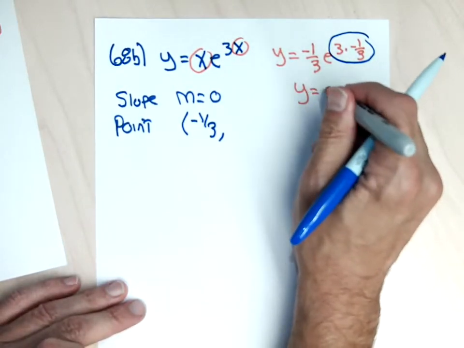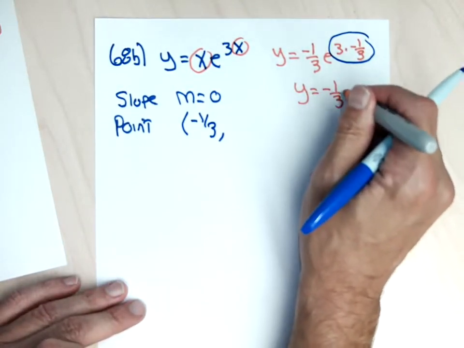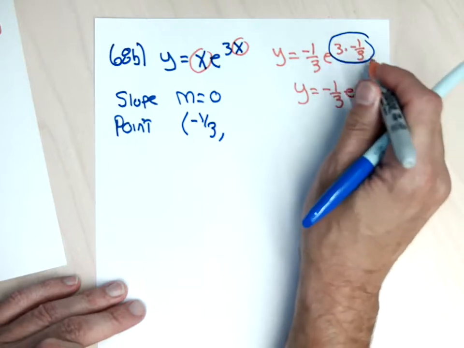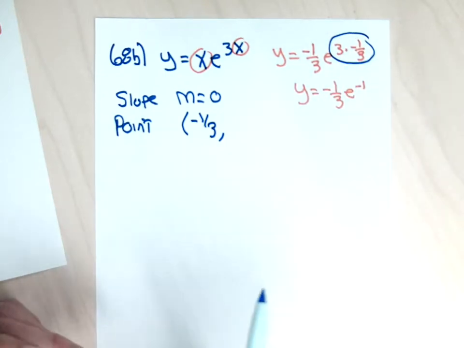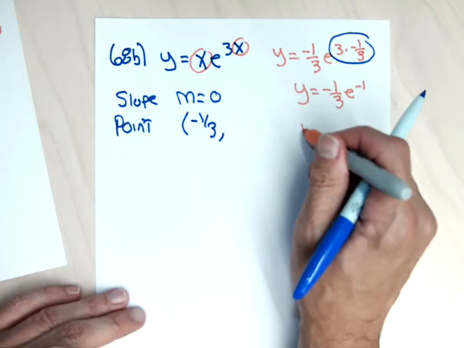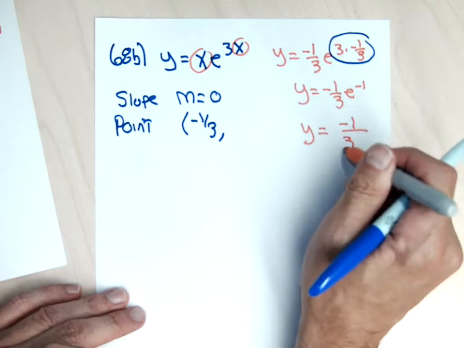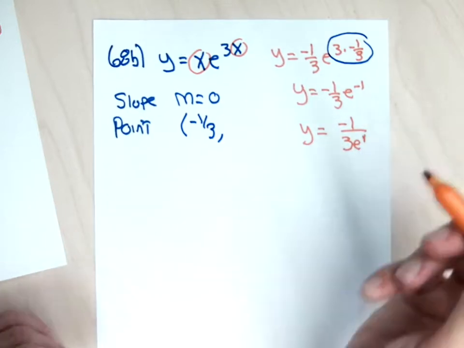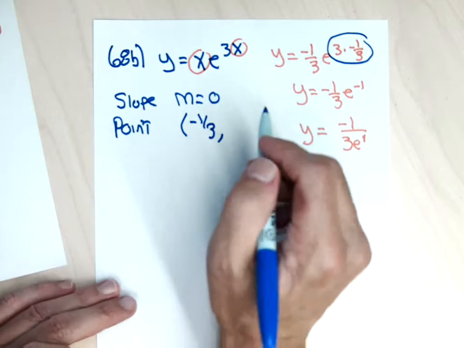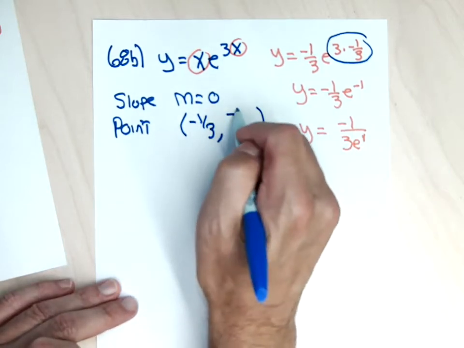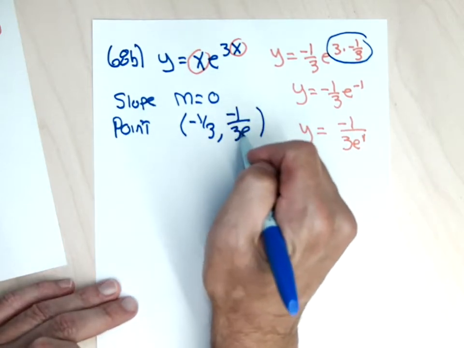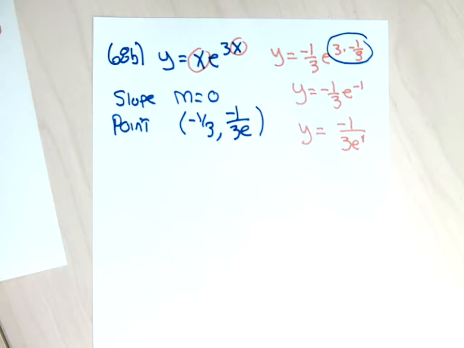So this is going to give me negative 1/3 e to the negative 1, because reciprocals, 3 times 1/3 would be 1, but positive times a negative gives me a negative. And now I'm going to create a fraction, or move that e to the negative 1 down to the denominator to make its exponent positive. And the y coordinate of my point is going to be negative 1 over 3 e to the first. I don't need to write the exponent of 1.